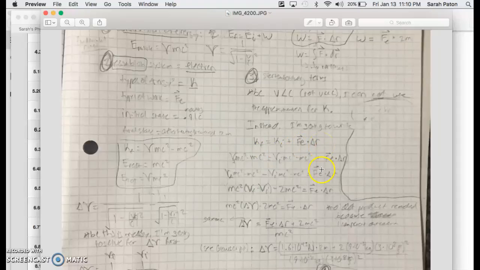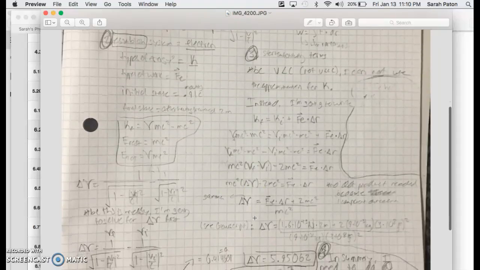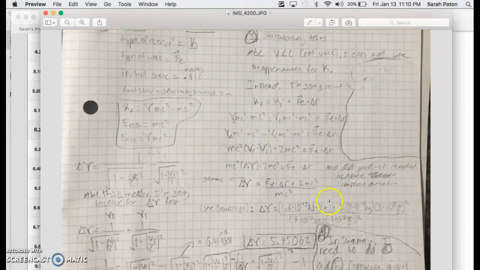What happened then was a series of algebra where I essentially isolated delta gamma. I considered delta gamma too complicated and messy to want to play with, so I simply solved for delta gamma, and then went back in and solved for v_F over c within delta gamma.